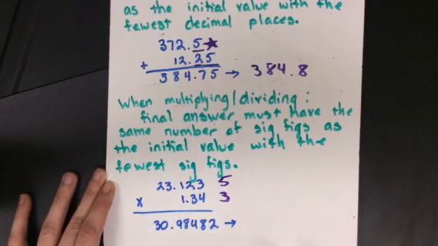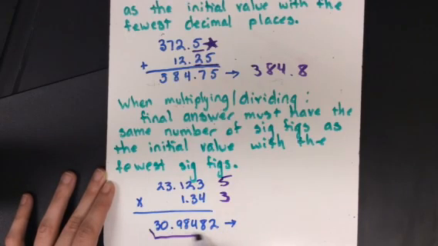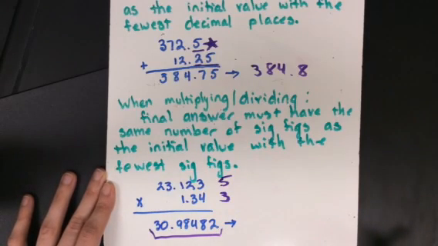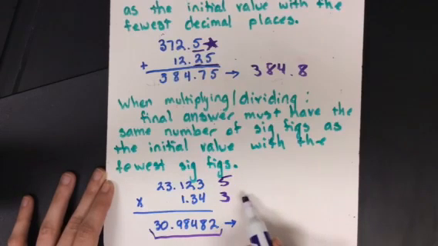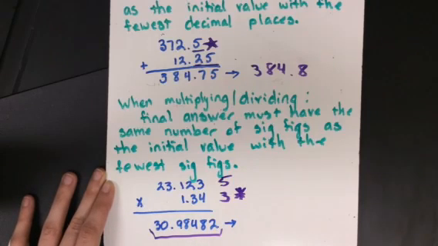Now, when you put this into a calculator, you're going to get a very precise answer, 30.98482. However, we cannot assume that our value is this precise because here our least precise answer only has 3 sig figs. So what we would need to do is round this number to 3 sig figs.